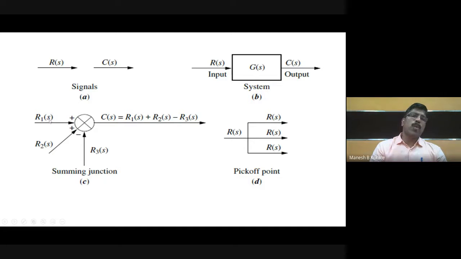R1 has a positive sign, R2 has a positive sign, and R3 has a minus sign. So what will be the output C of S? It will be just the addition of these signals: R1 plus R2, and because this signal has a minus sign, minus R3. So this is called the summing point, which is generally used in block diagram representation.